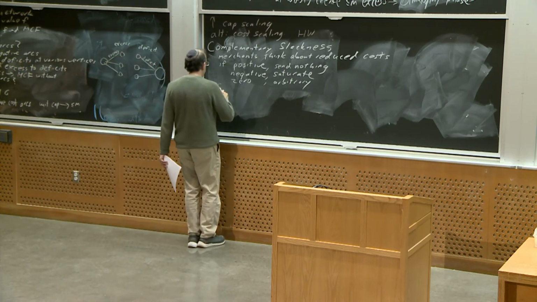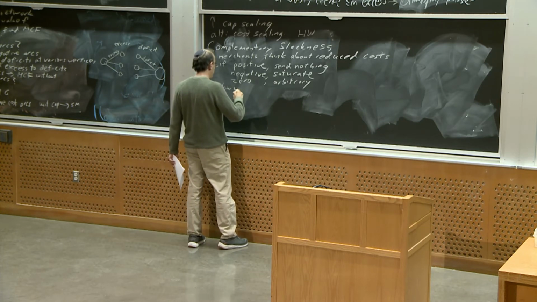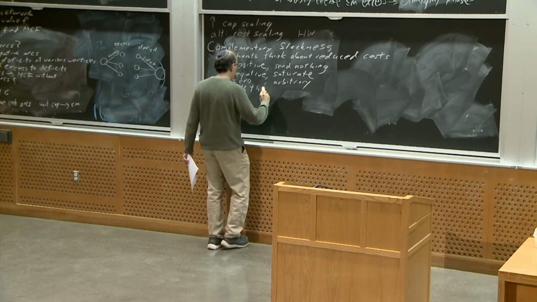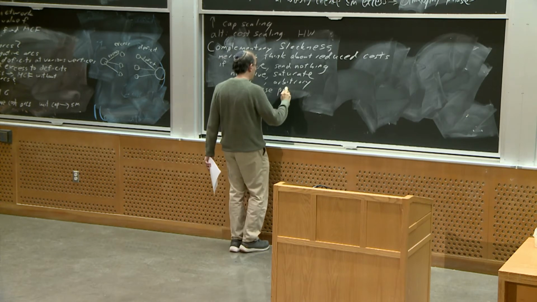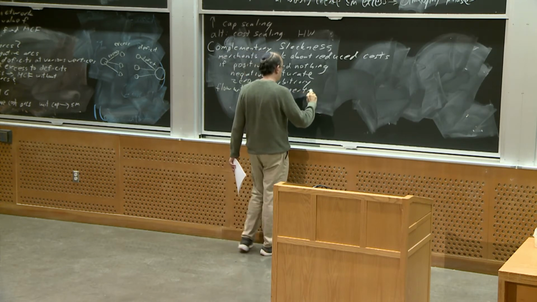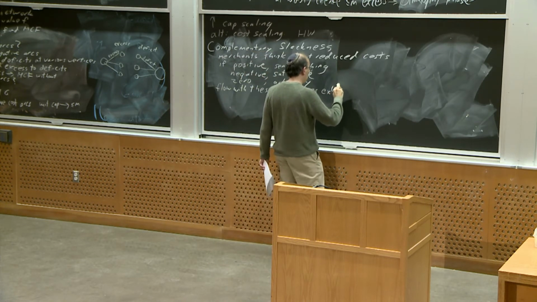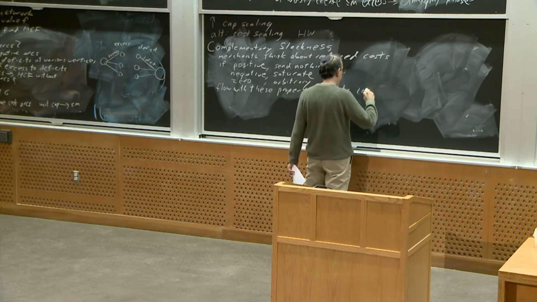So a flow with these properties exhibits what is called complementary slackness.